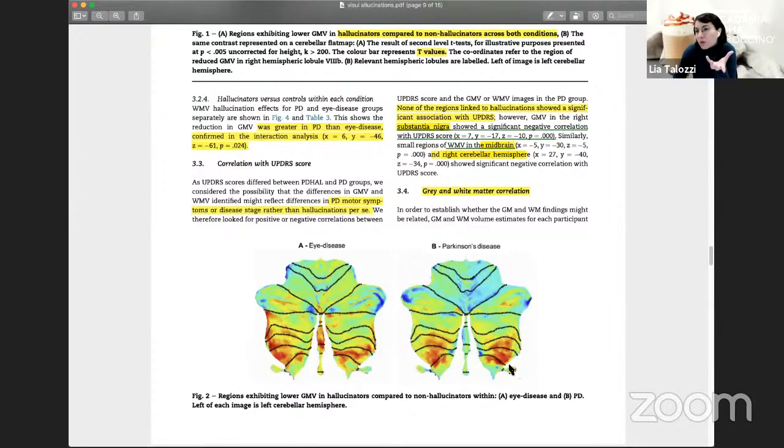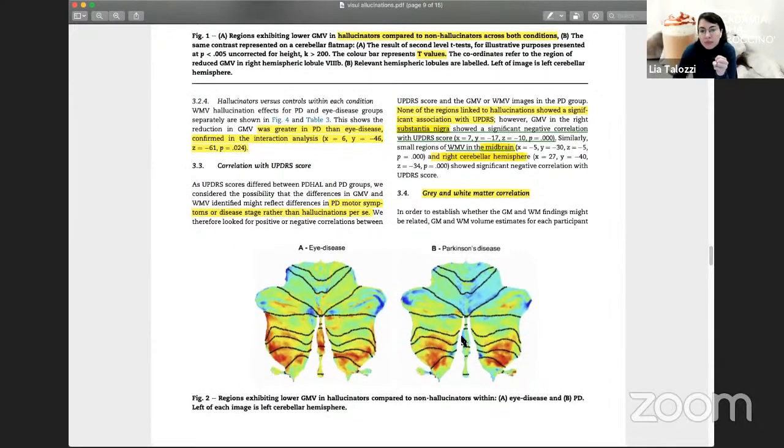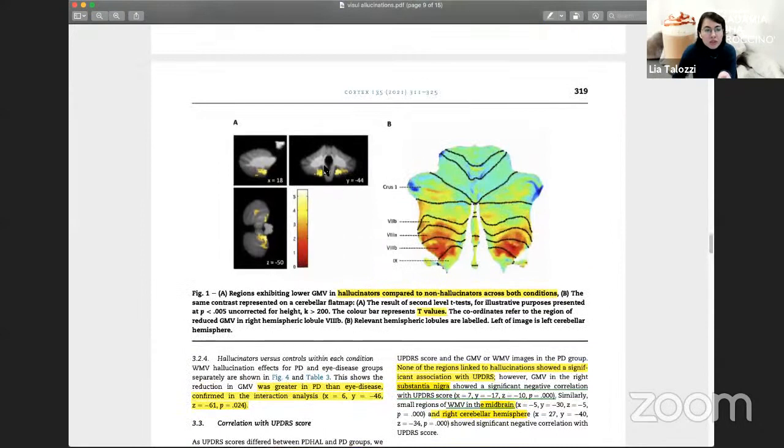So they are consistent. When they show these results, they are putting together Parkinson's disease and Charles-Bonnet patients who didn't present hallucinations versus the hallucinations ones. So there are differences, but here they are more focused on the similarity.